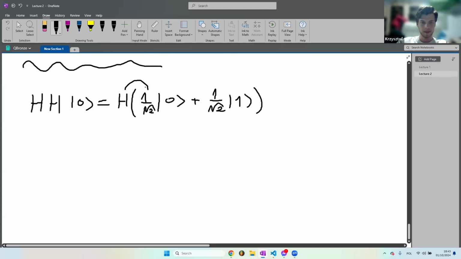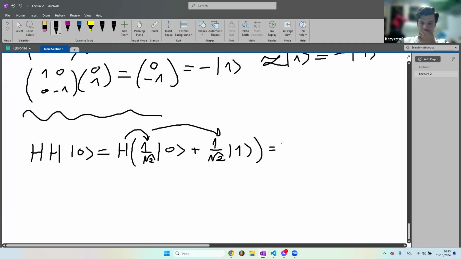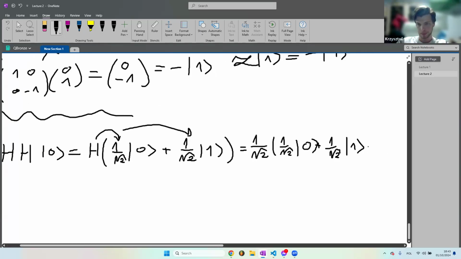Now, let's apply the Hadamard gate to both states. Now we have 1/√2 times 1/√2 times |0⟩ plus |1⟩.